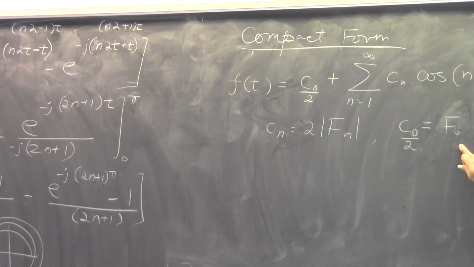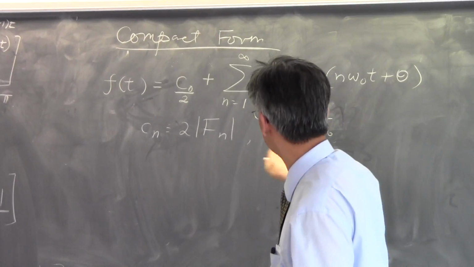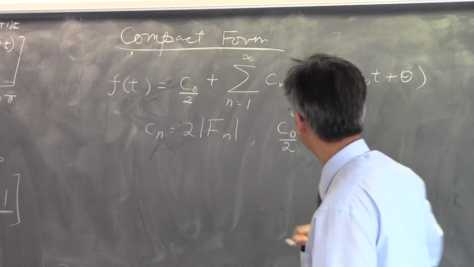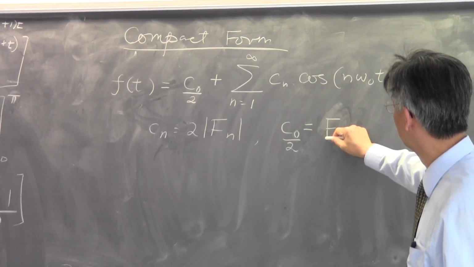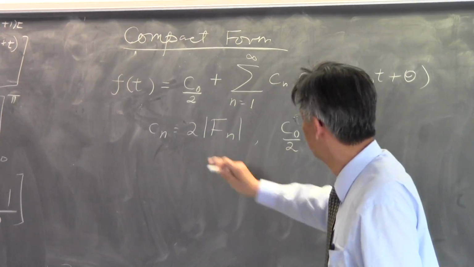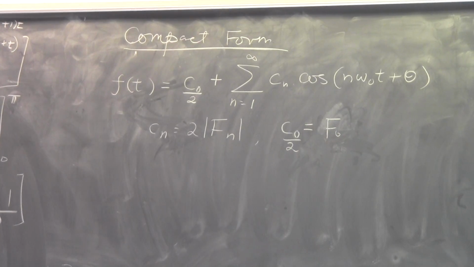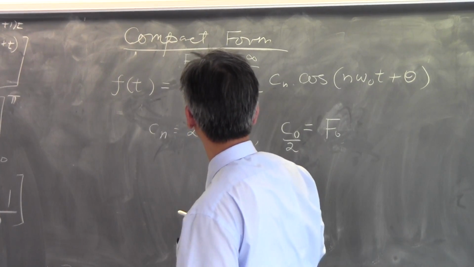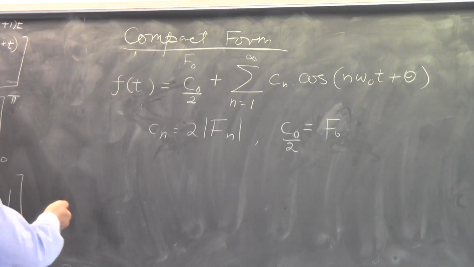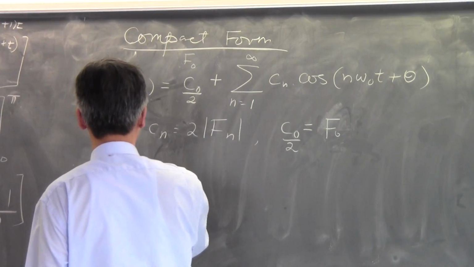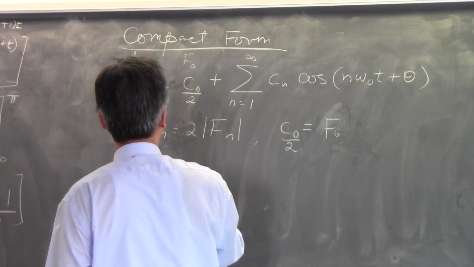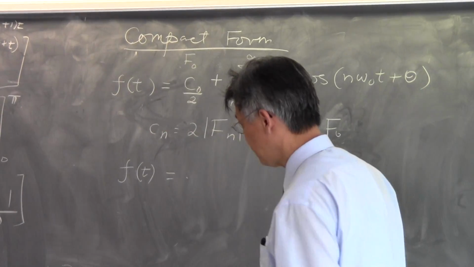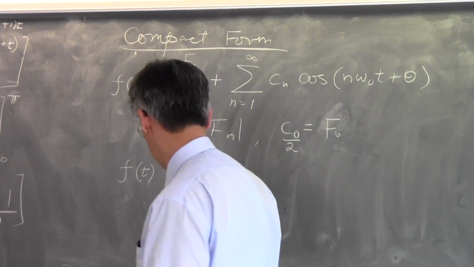So if you do that, then this formula agrees with that formula. C0 over 2 is always equal to that, and this is always F0 in the exponential form. Then in order to get this into the compact form, you identify what F0 is.